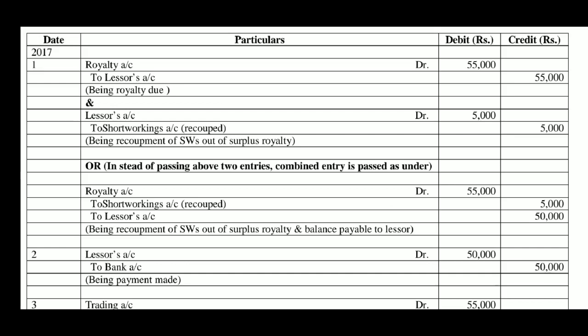Here for the purpose of recoupment, as already explained in the specimen journal entries, there are 2 alternatives. 2 entries are passed or a combined entry may also be passed.